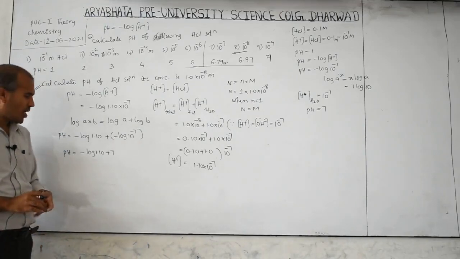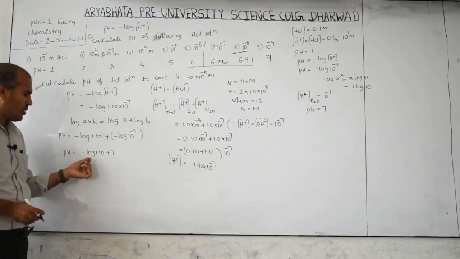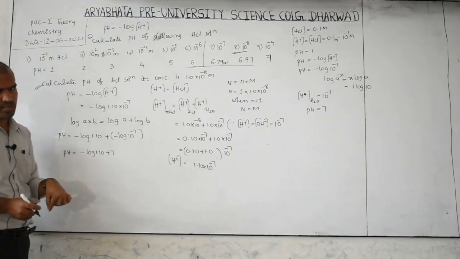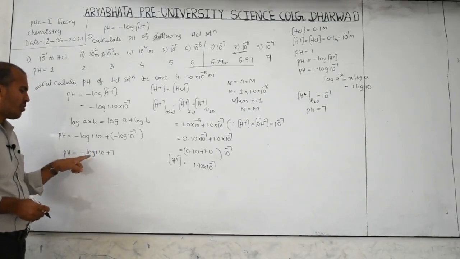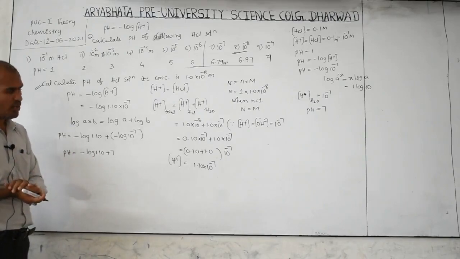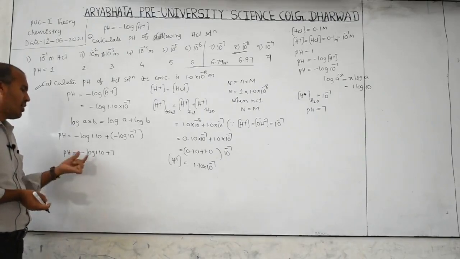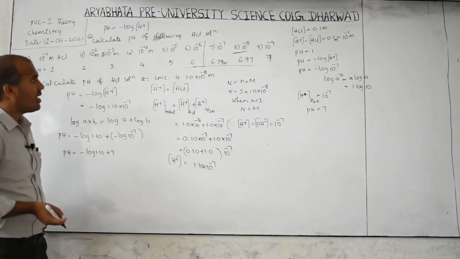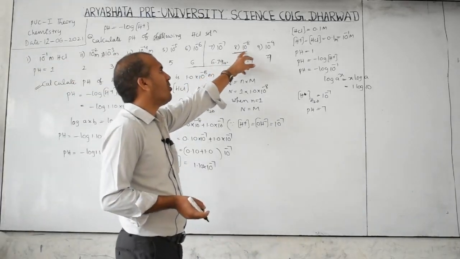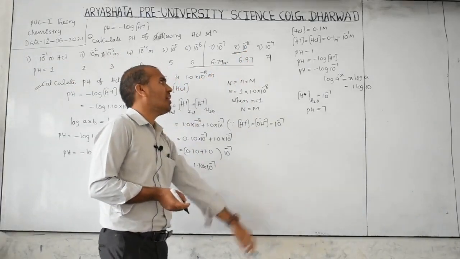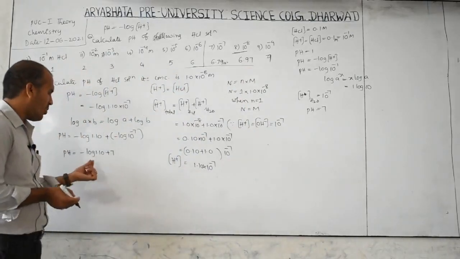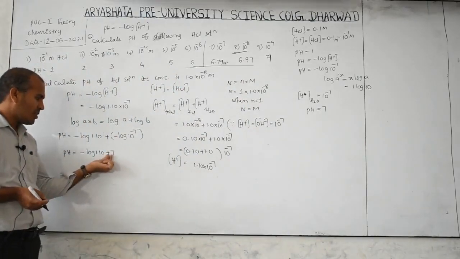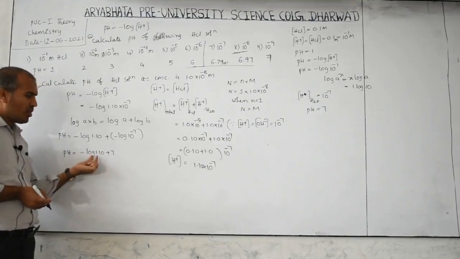So you have to see log 1.10 from the log table. Log 1 is 0, but 1.10 is not 0, so you can check from the logarithm table. But I already gave the value here: it is 6.97. It is a small value, and it is subtracted from 7.